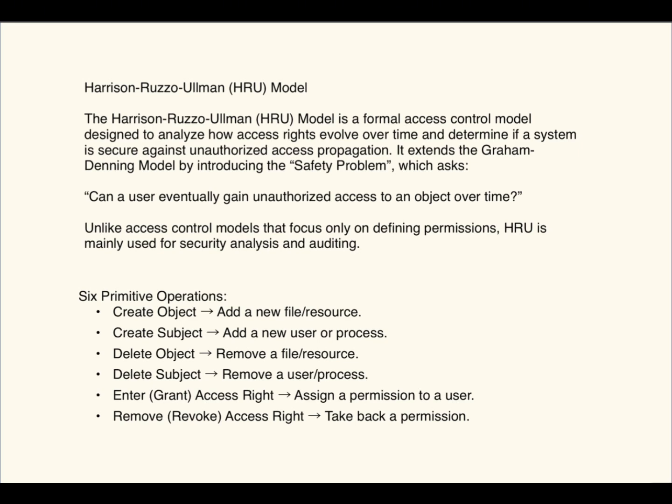Modern security systems, as I said, use automated identity access management tools to maintain and analyze access rights in real time. HRU is useful in security audit, but it is not suitable for modern dynamic access control models like role-based access control or zero trust security.